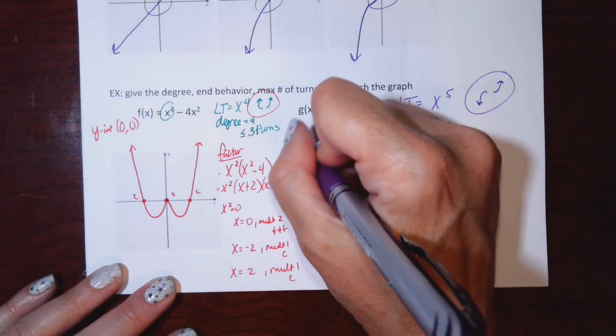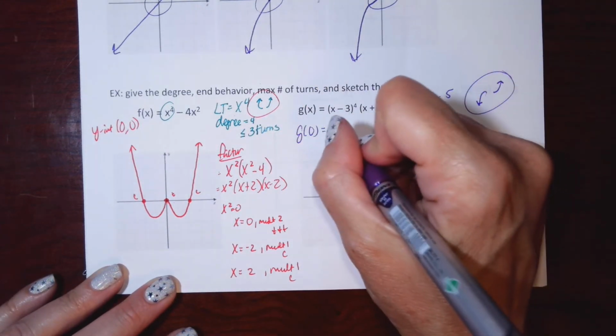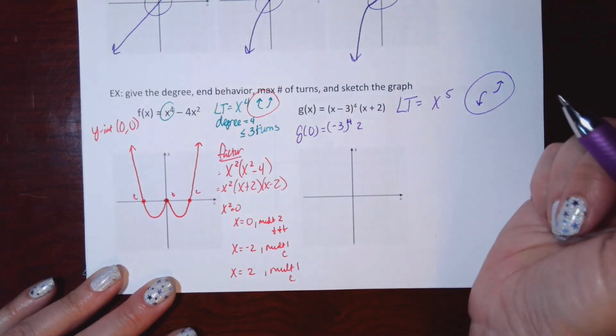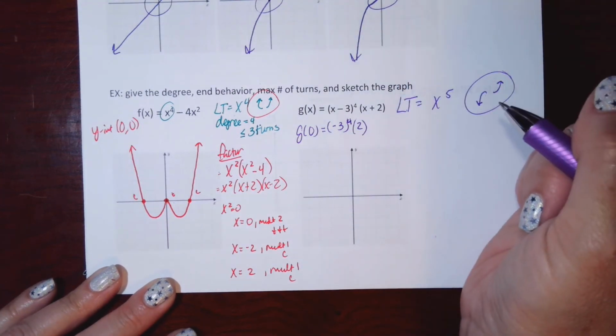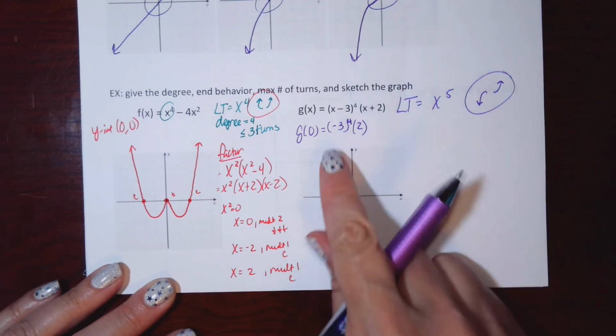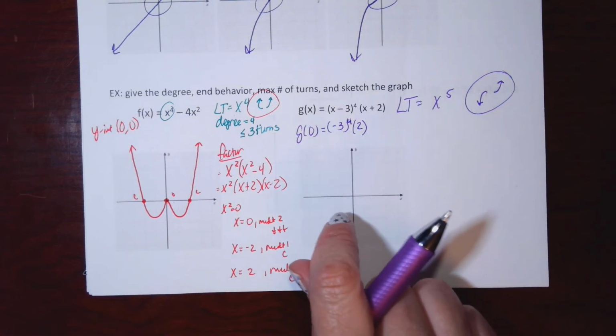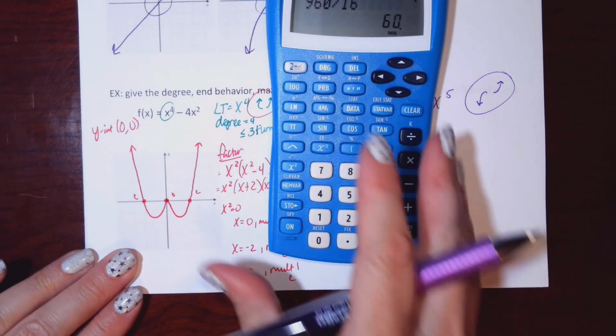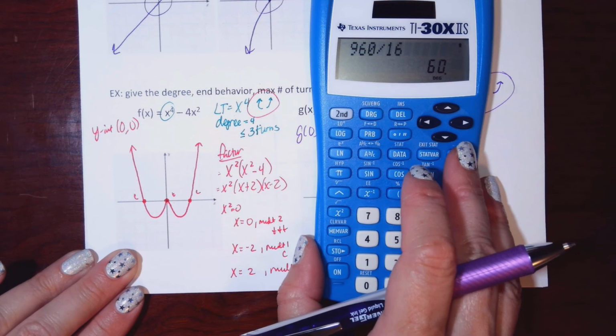If I plug in 0 to find my y-intercept, it's negative 3 to the 4th power times 2. Now I know that when I raise something to an even exponent, my result is always going to be positive.